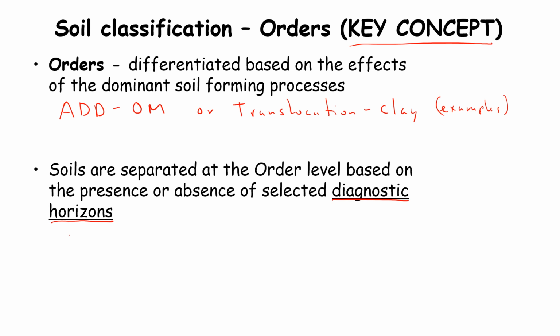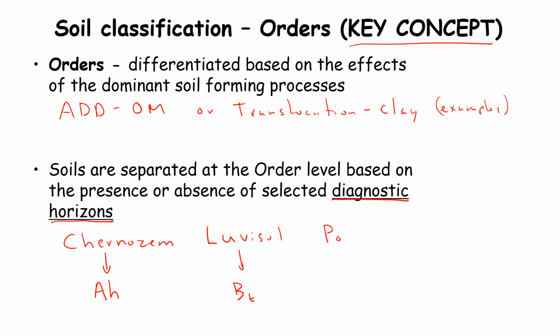And so, for example, the diagnostic horizon of a soil order called Chernozem, and you guys saw these a little bit last week in lab, is an AH horizon with specific characteristics, which we'll talk about on the next slide. For Luvisol, it's a BT horizon.